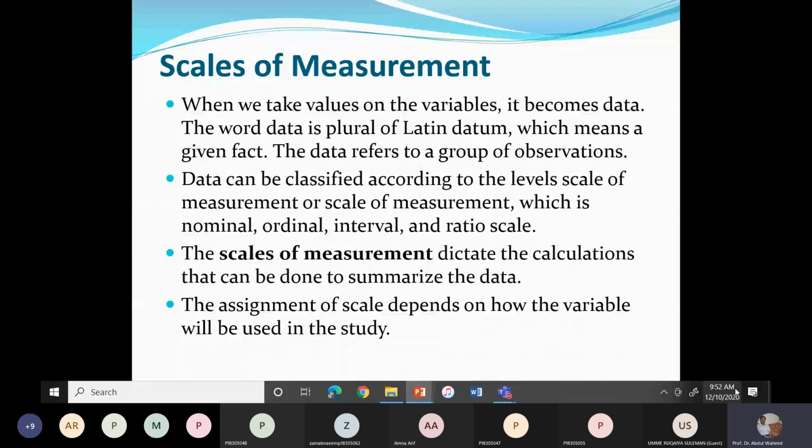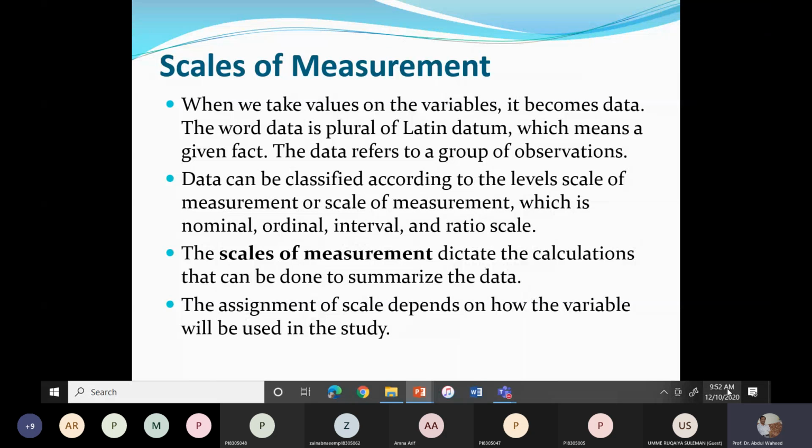Then we have scales of measurement. Okay. So when we take values on the variable, it will become data. First we define the variable, and then we take values on such variable, then it will become data.